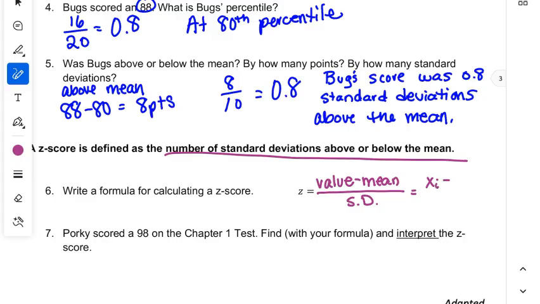So we would do xi minus x bar over SD or sigma.